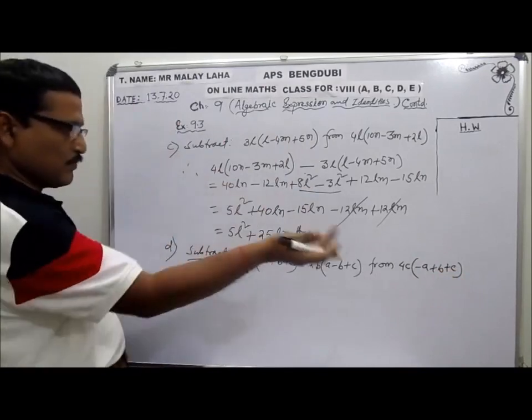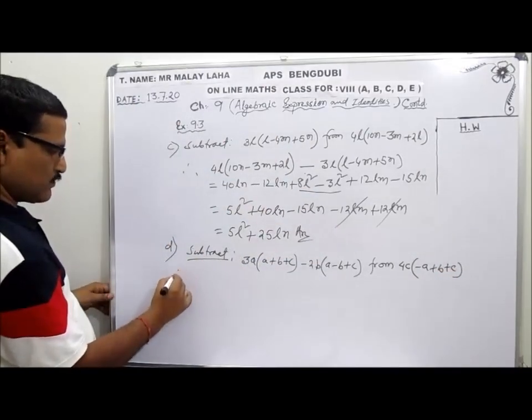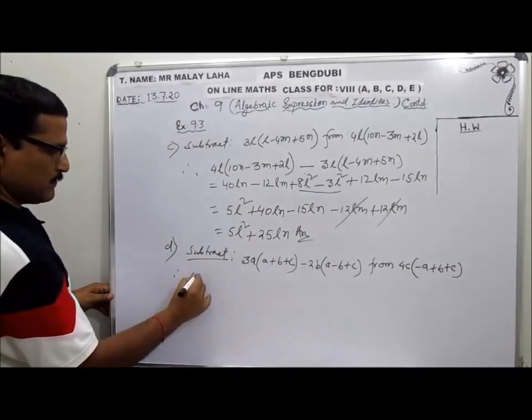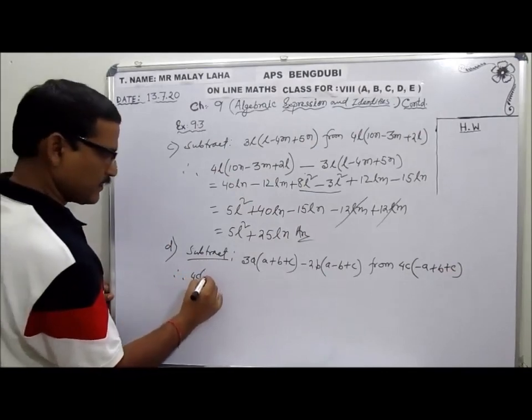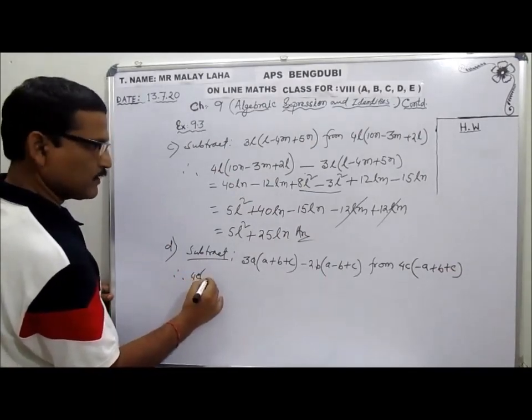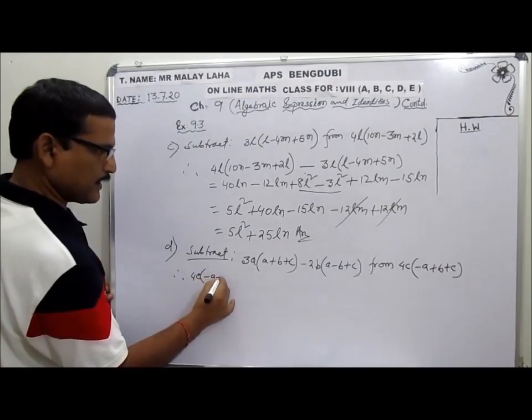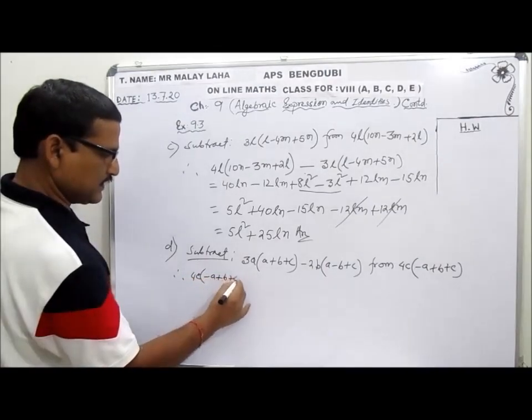Clear? So from will come first. Therefore 4c, in bracket, 4c minus a plus b plus c.